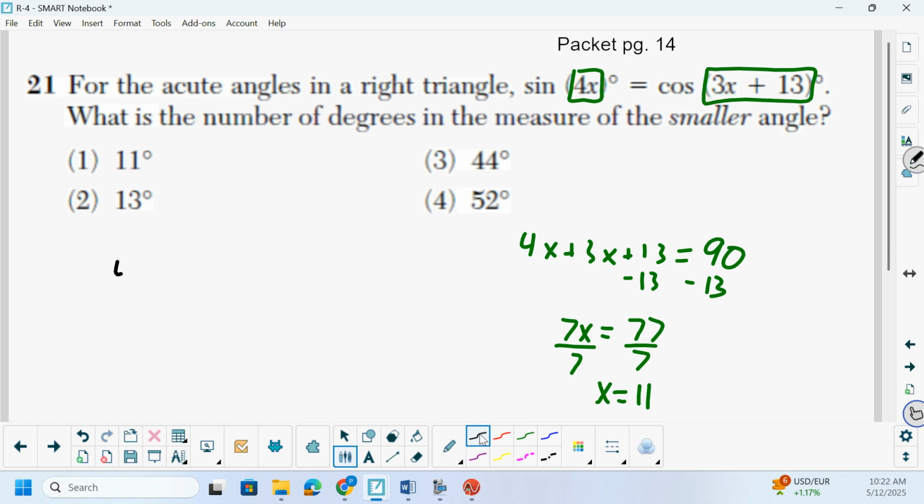So what we'll do is we'll do 4 times 11, see what that gives us, and we'll do 3 times 11 plus 13. We'll see what that gives us, and whichever of those is smaller is the one we'll choose. So we'll give you a moment to punch those in your calculator now or to do them in your head and see which one gives us the smaller.